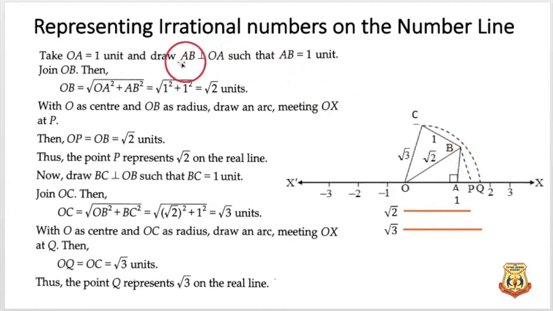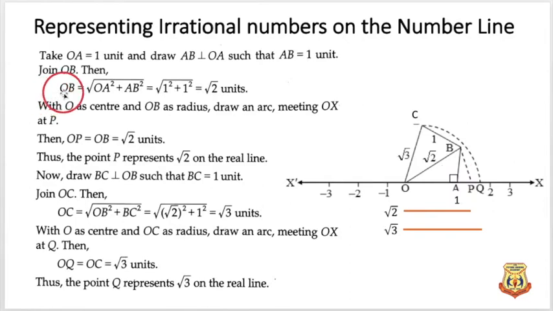So AB is perpendicular to OA such that AB is equal to 1 unit. That means the length of AB and the length of OA are both 1 unit. Now join O and B. So we are getting a right angle triangle.